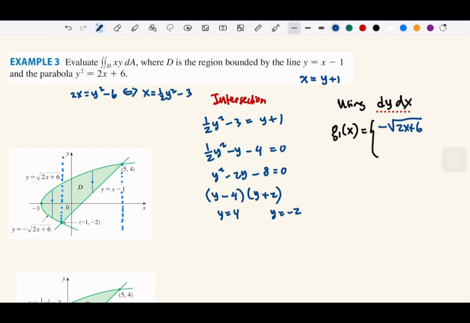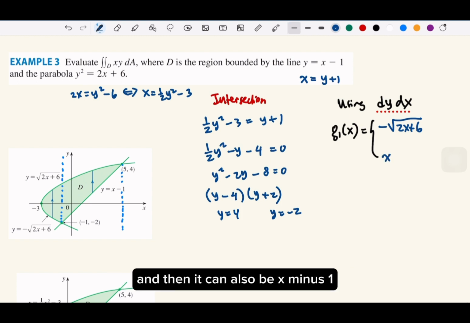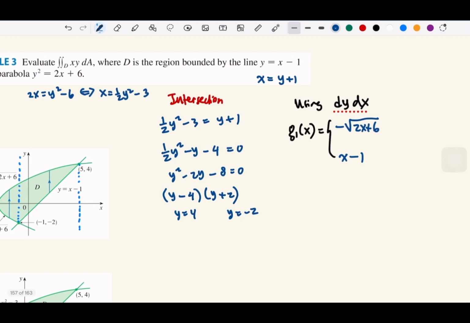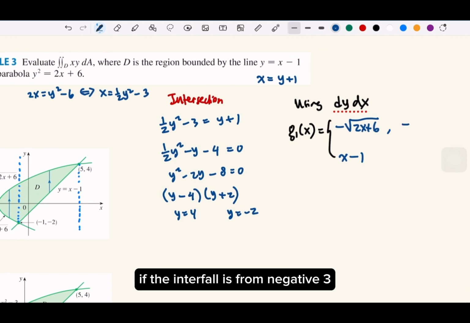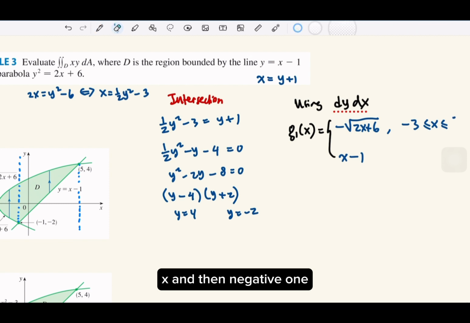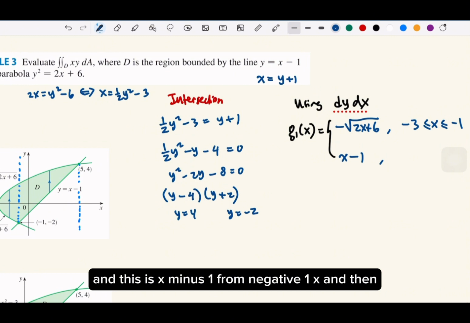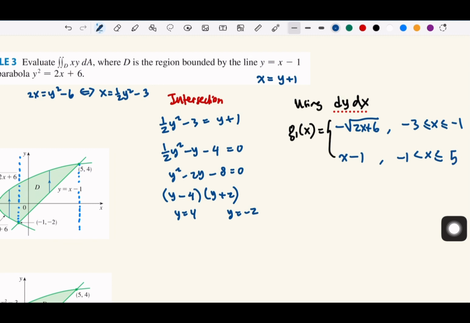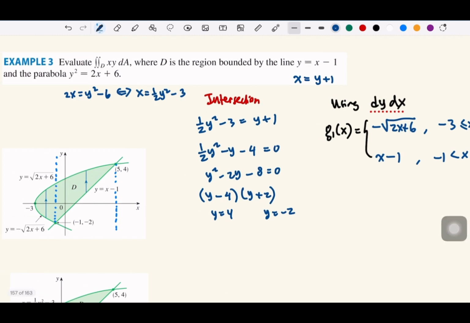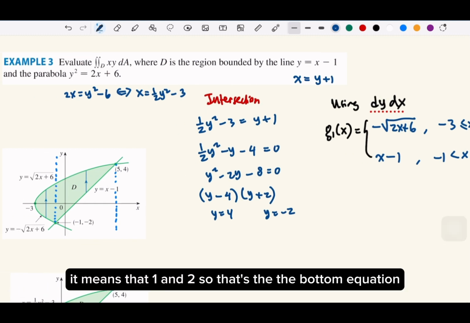And then it can also be x minus 1, if the interval is from negative 3 to negative 1. And this is x minus 1 from negative 1 to 5. So that's the bottom equation.